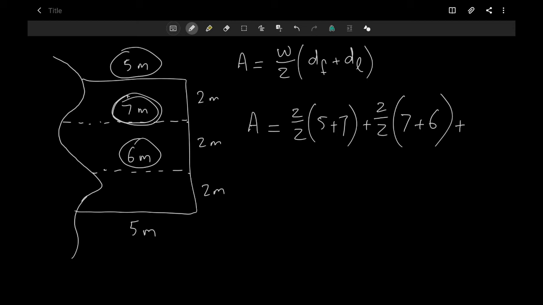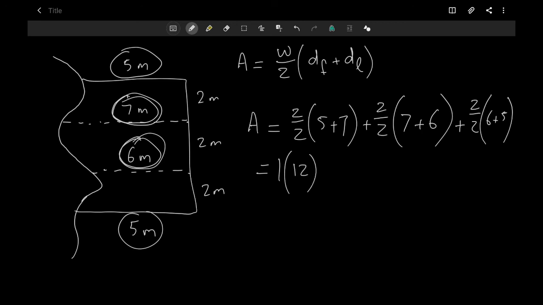Let's do the third application. W is 2 over 2, bracket, df would now be 6 plus dl is 5. Close the bracket. And there we have 3 applications. Let's simplify this. We know 2 over 2 is 1. So that's 1 times 5 plus 7 is 12.